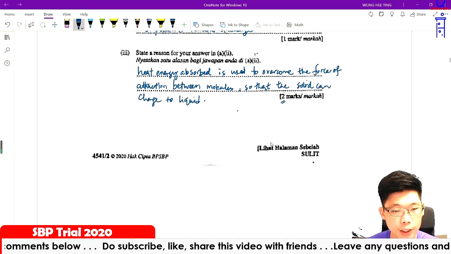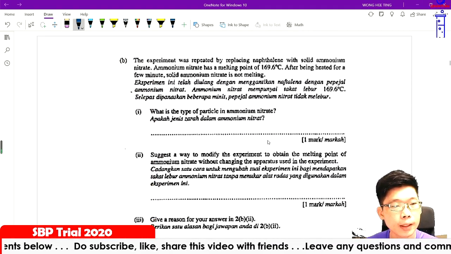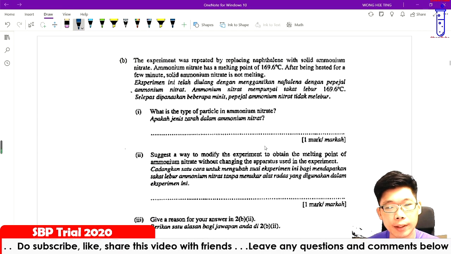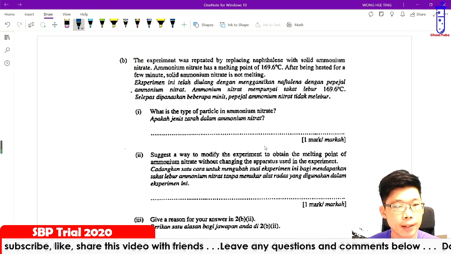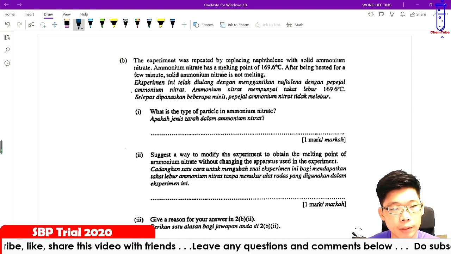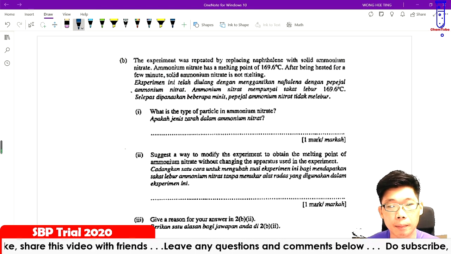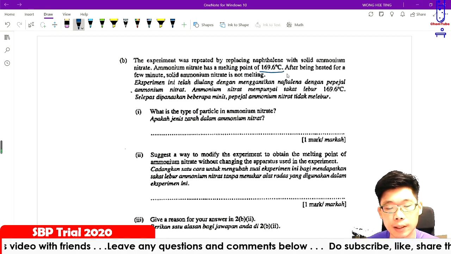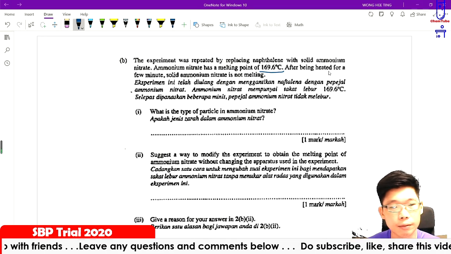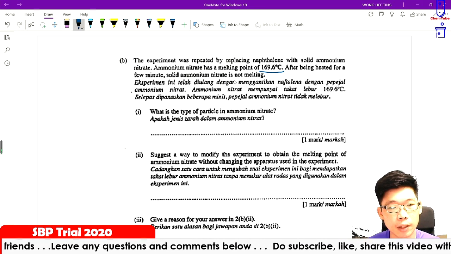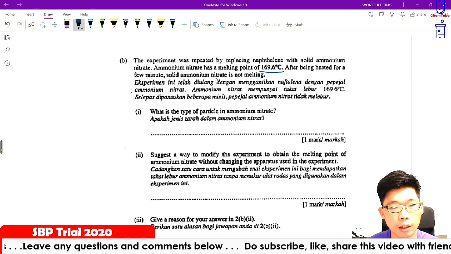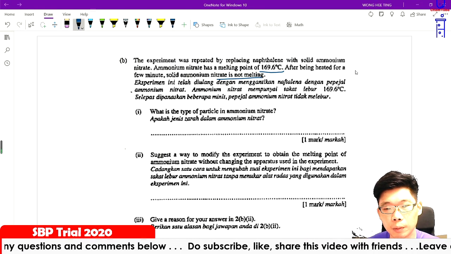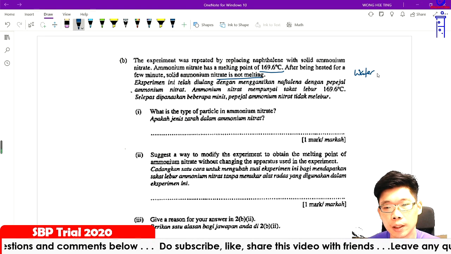So next question, let's see. The experiment was repeated by replacing the naphthalene with the solid ammonium nitrate. So given here ammonium nitrate has the melting point of 169.6 degrees Celsius. After being heated for a few minutes, the solid nitrate is not melting. Not melting here because we are just now using the water bath.